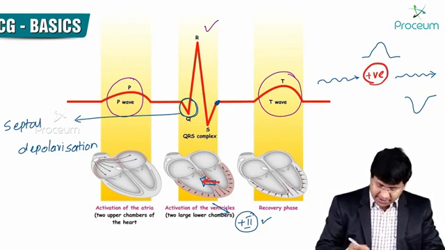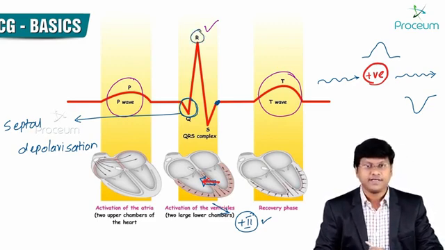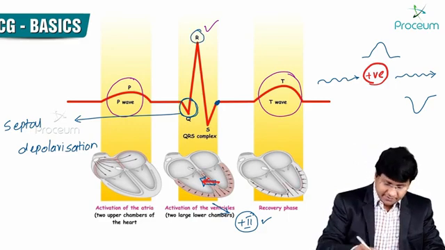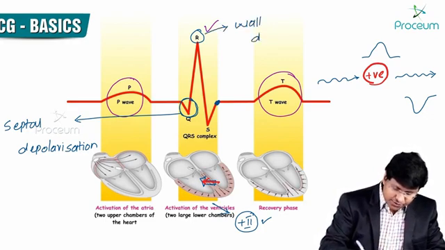Subsequently, you see here the R wave. How is your R wave? R wave is a positive wave. Why? I'll tell you. R wave is due to ventricular wall depolarization.